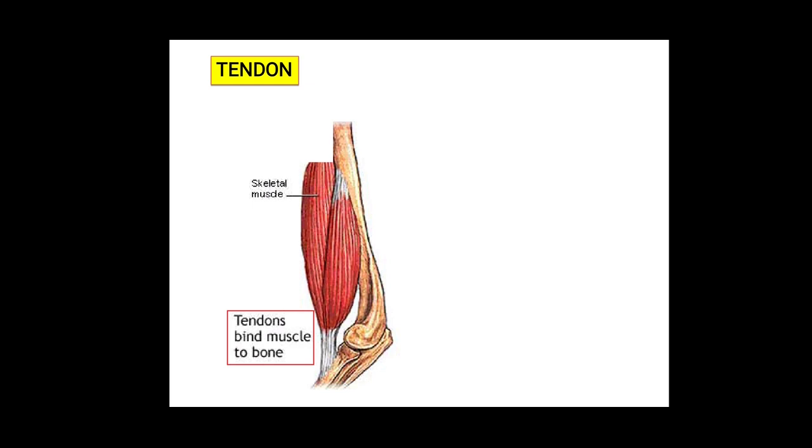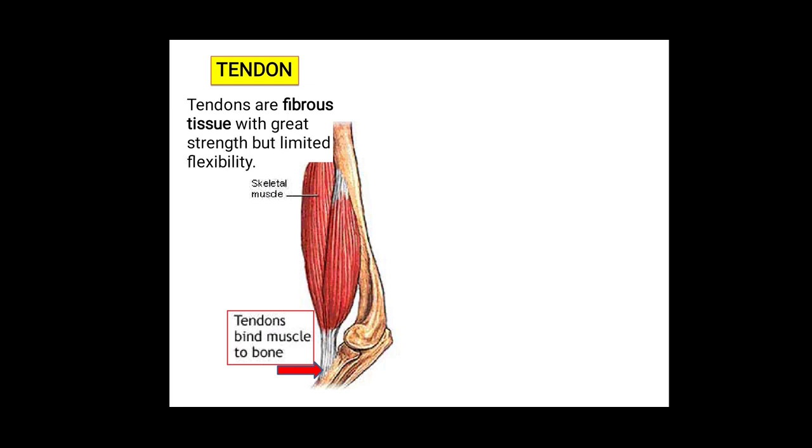Because as the muscle will contract, it will pull the bone also along with it and help in movement. So it has to be a very tough tissue, and it is made up of a fibrous tissue. A lot of fibers are present in tendon. It's not very flexible.